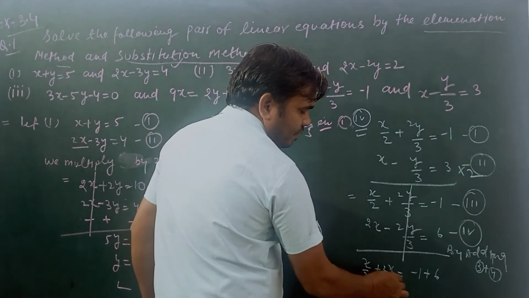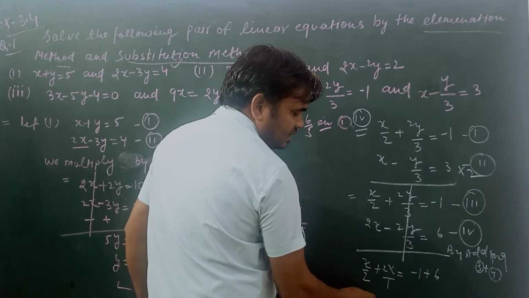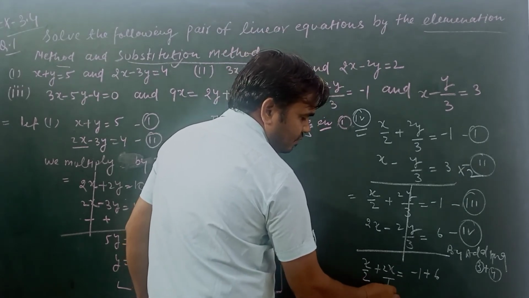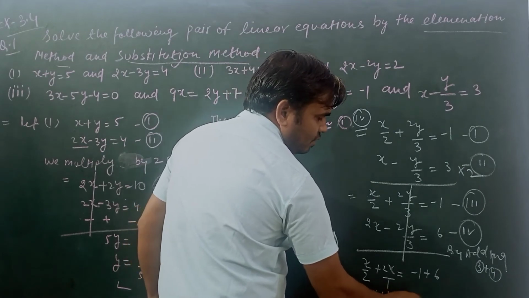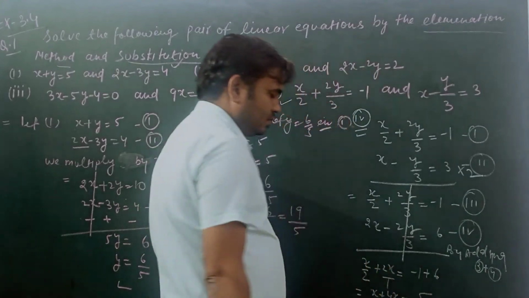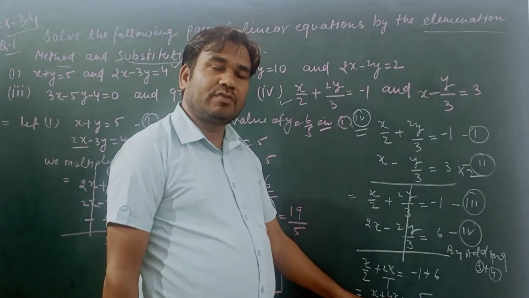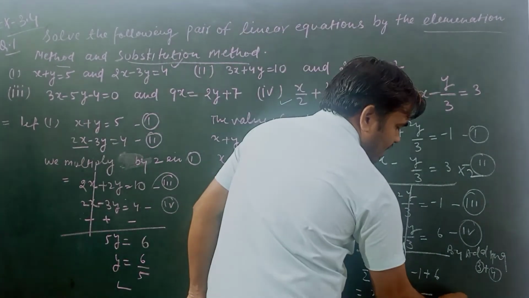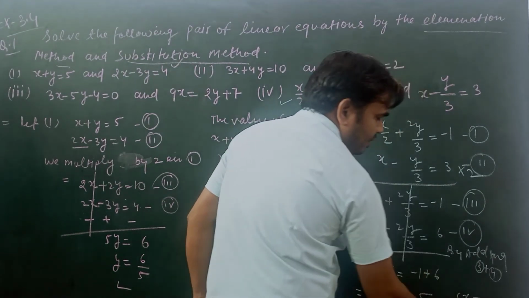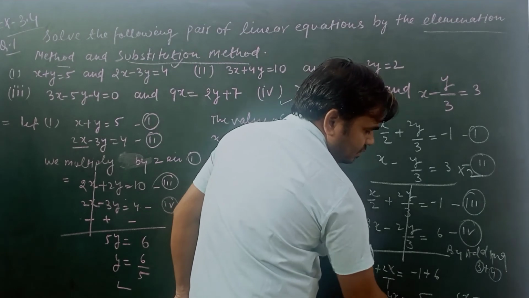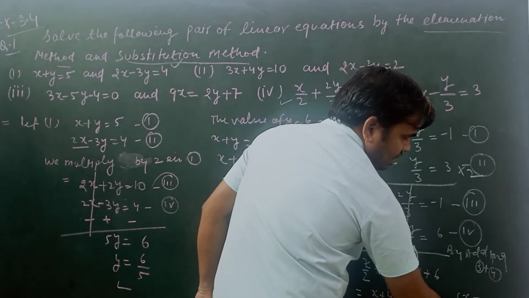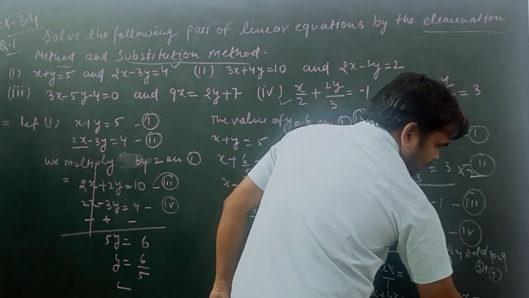After adding, we get x over 2 plus 2x equal to minus 1 plus 6. Taking LCM 2, x plus 4x over 2 equal to 5. So x and 4x make 5x, 5x over 2 equal to 5, so 5x equal to 10 and x equal to 2.